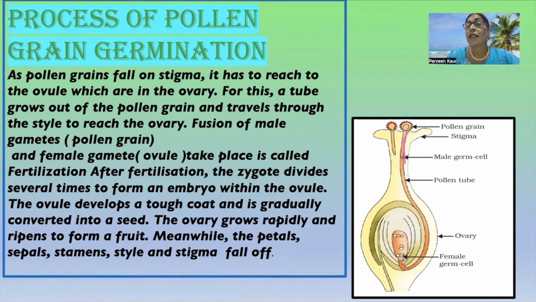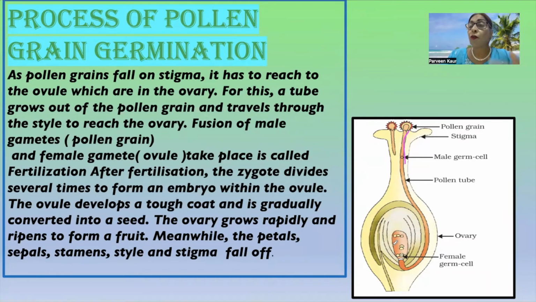After fertilization, it forms a zygote. The zygote divides many times and then forms the embryo. The embryo is found within the ovule, which is inside the ovary.